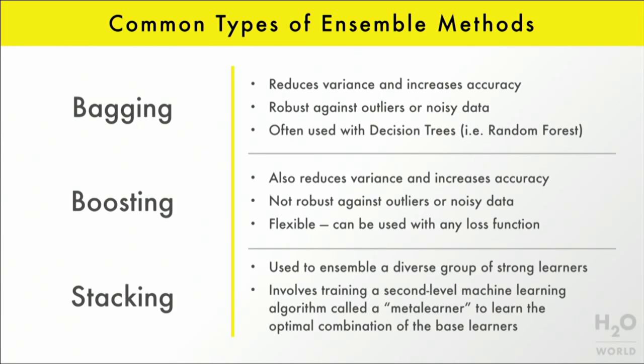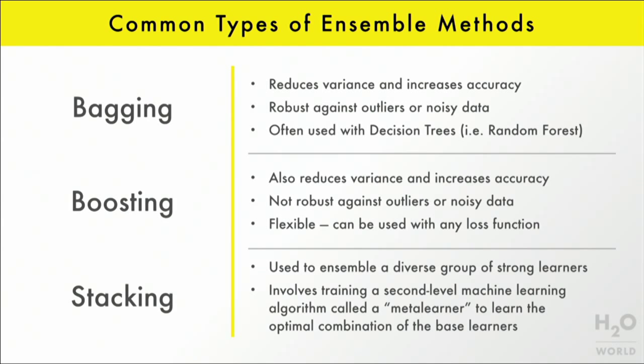But one of the consequences of that is that if you have a lot of outliers in your data or noisy data, it might start to get stuck on some of those outliers. And so that can be an issue, although typically the GBM is still one of the best methods. A reason why people like it is that it's pretty flexible. And if you have a particular loss function that you're interested in that represents your situation well, you can use it with boosting, and it's typically still pretty powerful.